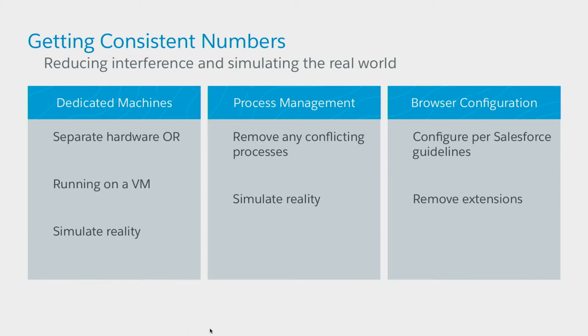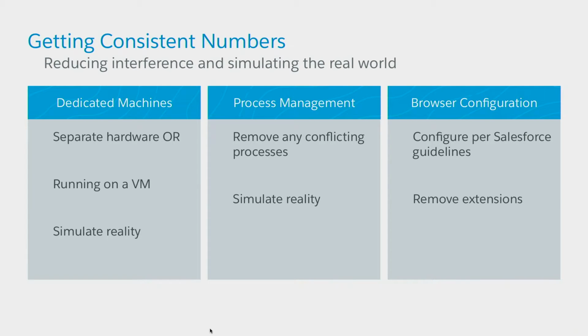And so because we're doing comparative testing between configurations, one of the most important things is making sure you get consistent numbers that simulate the reality for your users. So we recommend using dedicated machines if possible. Separate hardware. So get your own laptop, your own desktop just for these tests.